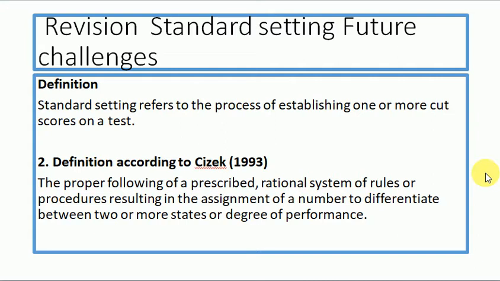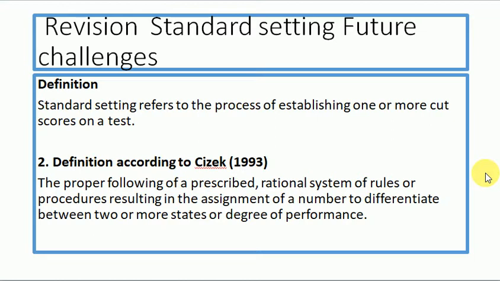Another definition was given by Cizek in 1993: the proper following of a prescribed, rational system of rules or procedures resulting in the assignment of a number to differentiate between two or more states or degrees of performance.